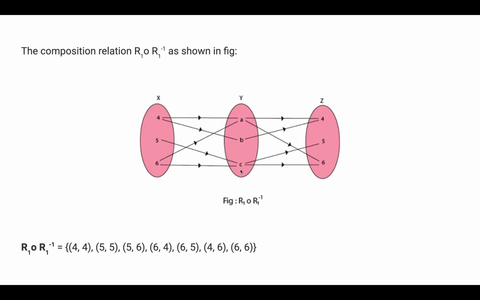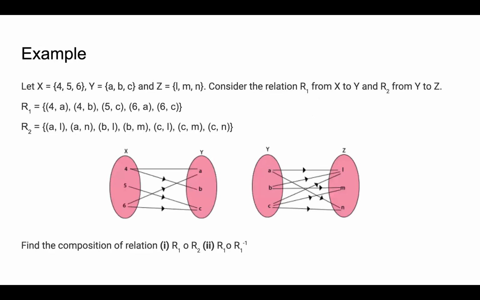Then we'll move towards 6 to C. 6 to C and C to 5 is there. 6, 5 we already have here. And 6 to C, C to 6 is there. So lastly, we will have 6, 6 as the composite relation. Okay, this is nothing but the composition of relations that we have.